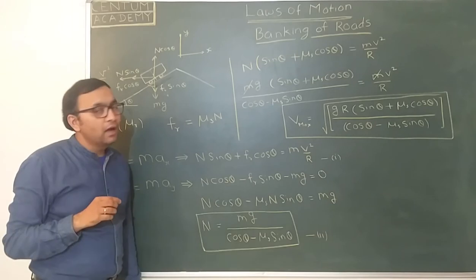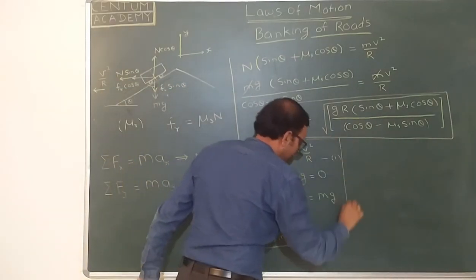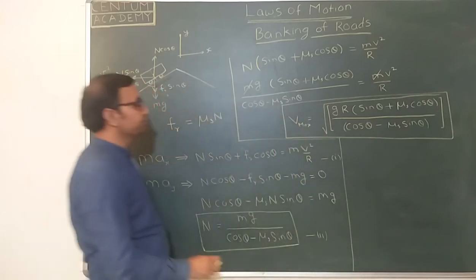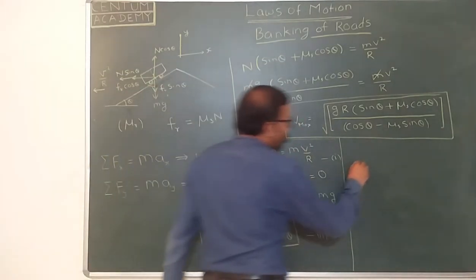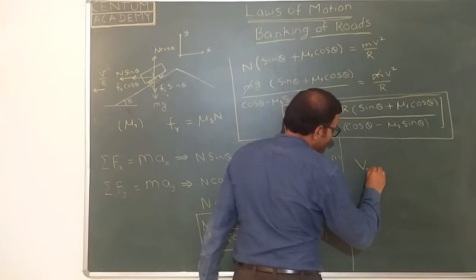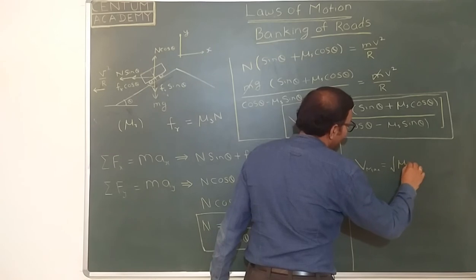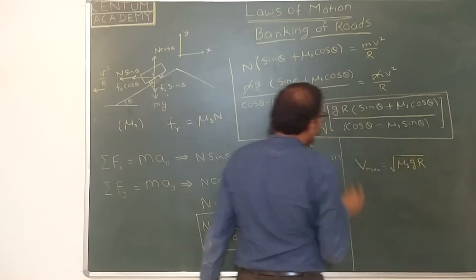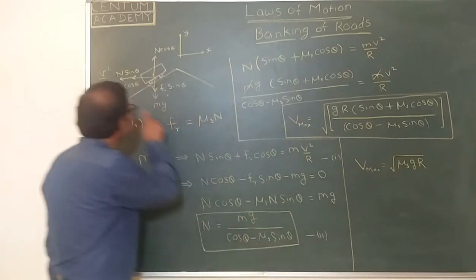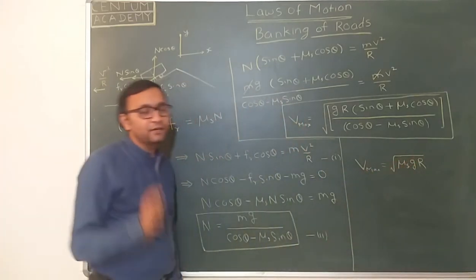Okay. Now look at this expression carefully and we'll draw some conclusions. So when the road was flat, V max was what? Under root of mu s gr. Now is this V max, because of this angle theta, more than mu s gr or less than mu s gr?